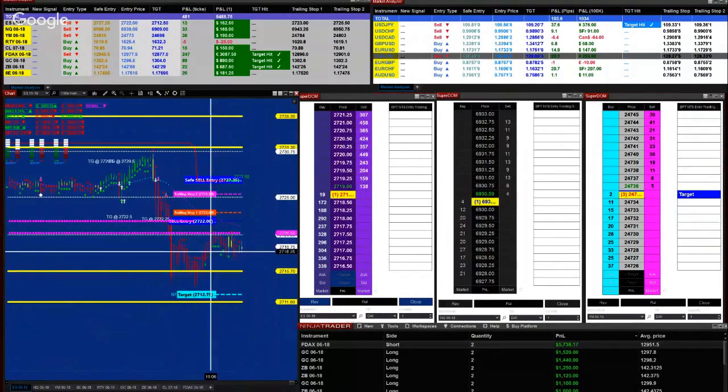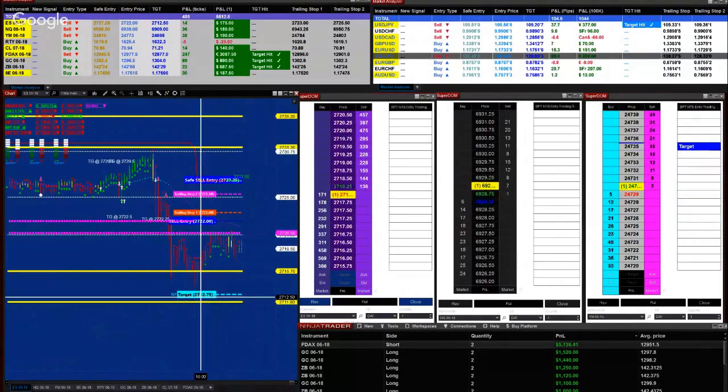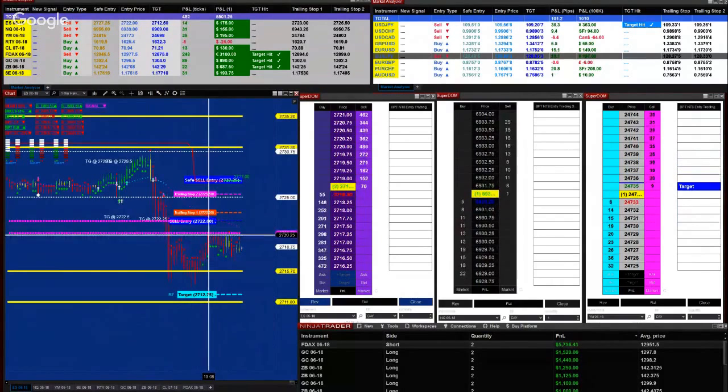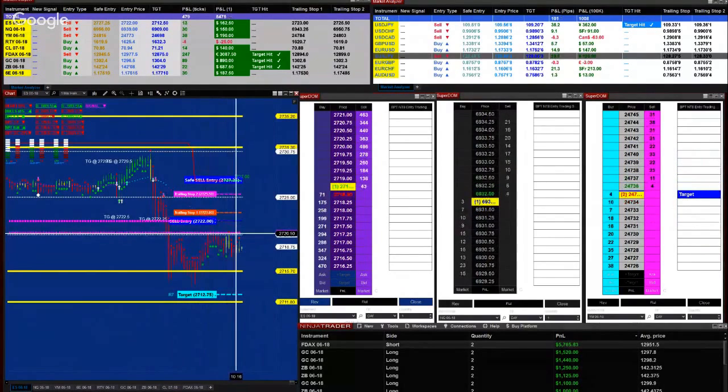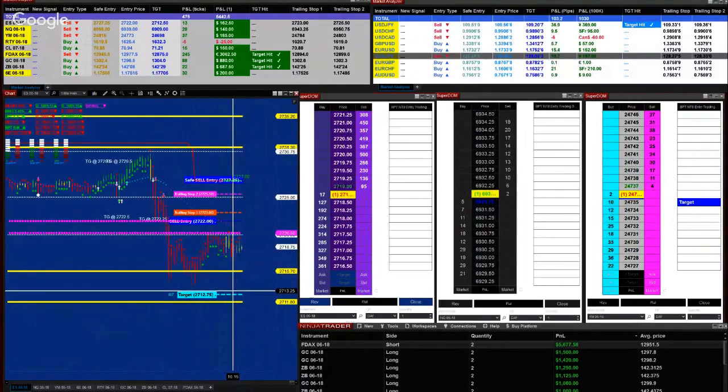If we notice on the ES, we hit the target at 27.1275. The market pulled back to the 27.20, and then it got rejected once, twice, 3 times, and now there is only a short trade at the moment, and the destination is 27.12.